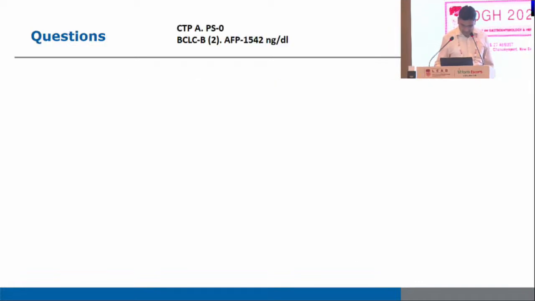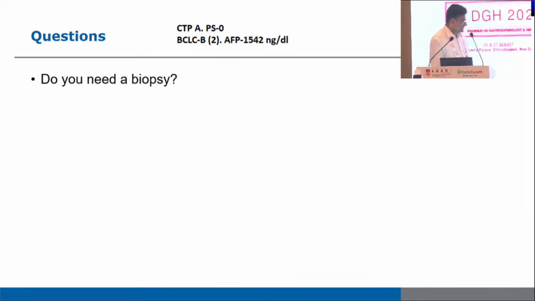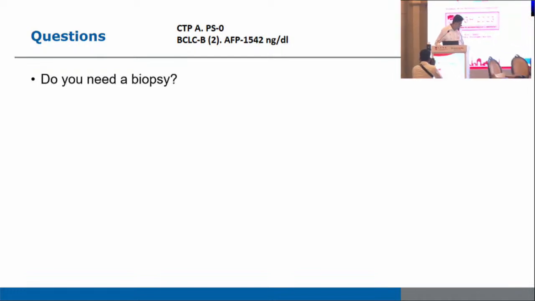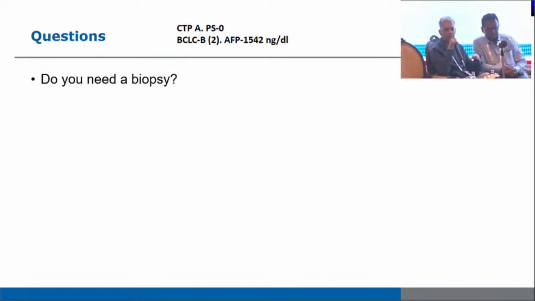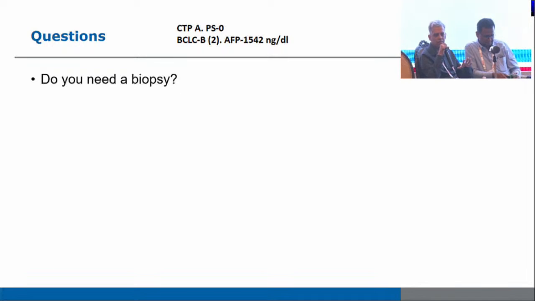So the question here is, do you need a biopsy for this patient? Anybody can answer. You don't need a biopsy. You have a cirrhotic liver, an LR5 lesion, and AFP is high. So for me, this lesion is HCC, for sure. Any particular indications for a biopsy in HCC, sir?